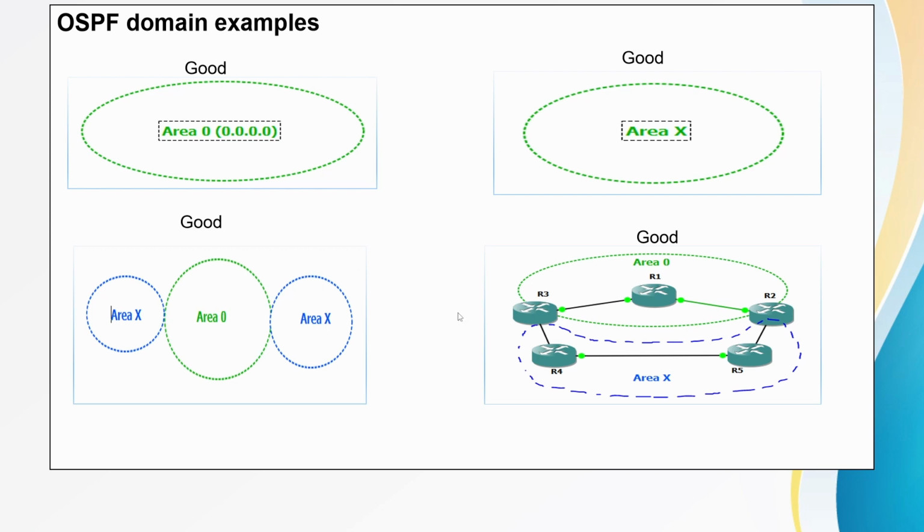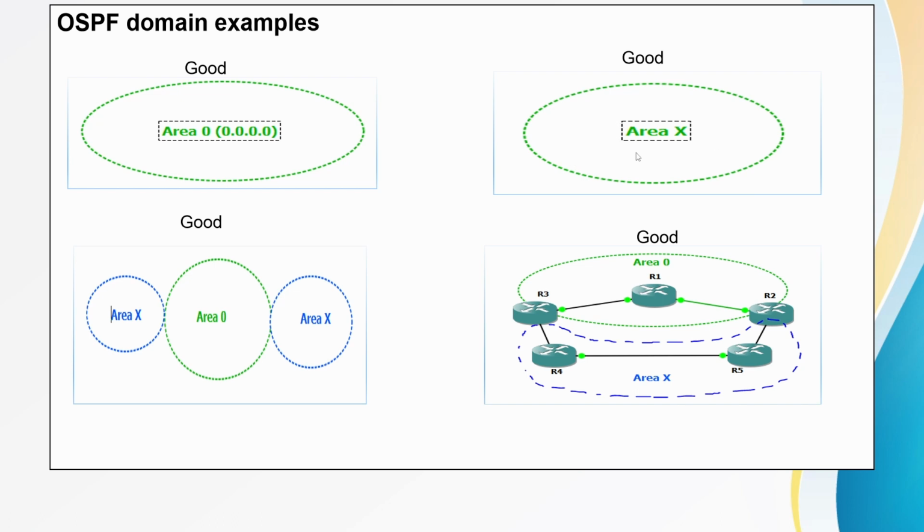Here are a couple of examples of OSPF domains. In the first, in the left-hand upper corner, the OSPF domain only has one area, so we set up this area as area 0. This is perfectly fine. On the right-hand side, there is a single area in the OSPF domain, and this area can be any area number.